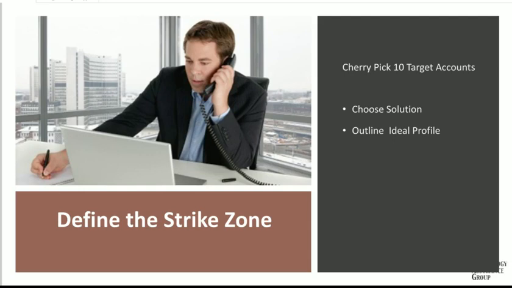That includes seats, and that may include verticals or industries. For example, maybe financial services. If that's a heavy type of customer in your base, then maybe you want to look at that because you know there are a number of talking points around compliancy, protecting data, and all those things. So we want to outline what makes sense for your customer base as the ideal profile, based on the solution you're choosing to go and cherry pick.